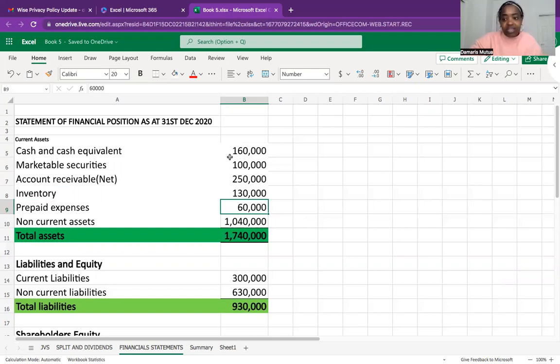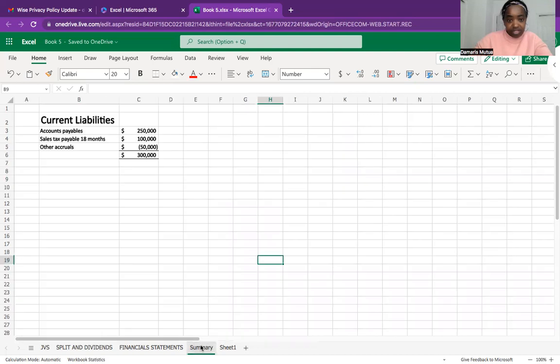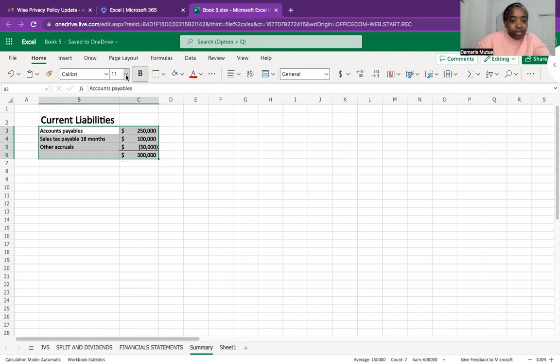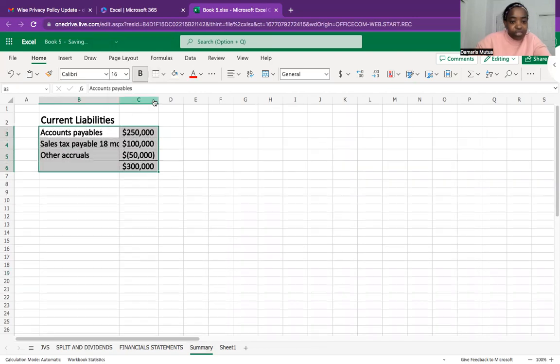Another mistake that I've come across during my practice is liabilities moving in the opposite direction. Maybe an asset moving in the opposite direction, or a liability that is moving in the opposite direction. To explain this, let me take you to one of the schedules that I've prepared. Let's say, for example, here, this corresponds to our balance sheet that says our current liabilities are 300,000.